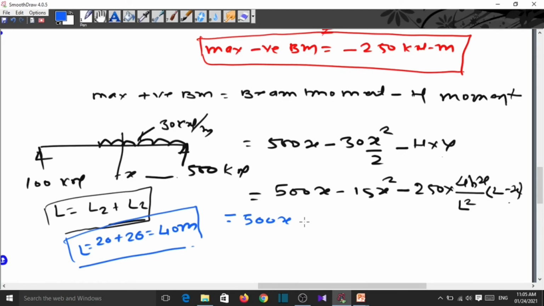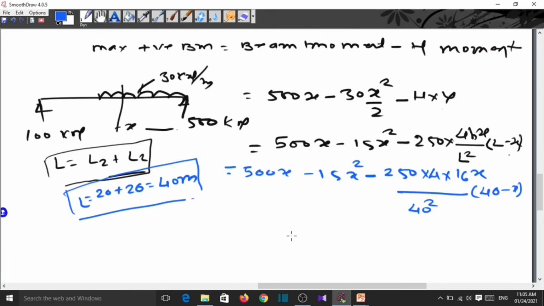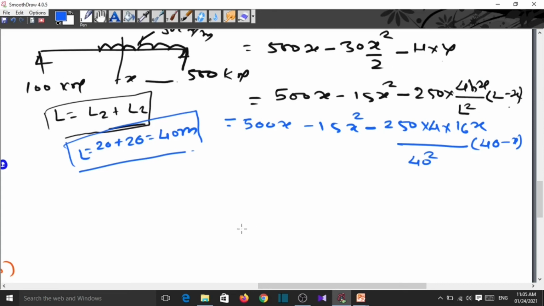So 500x minus 15x square minus 250 into 4 into here h is equal to 16 into x divided by 40 square into 40 minus x. Now for the maximum bending moment we have to differentiate this equation.